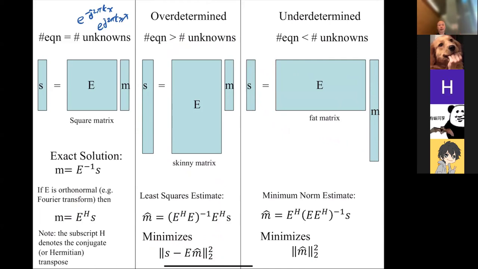And so it's an underdetermined system, so there are multiple solutions. There's not a unique solution, right? And the solution that we like, if we do the inverse transform, turns out to be the minimum norm estimate, which is just here, okay? And so this will minimize the size of this estimate, right? So that's why it's called minimum norm.